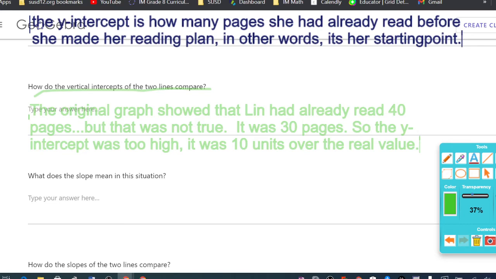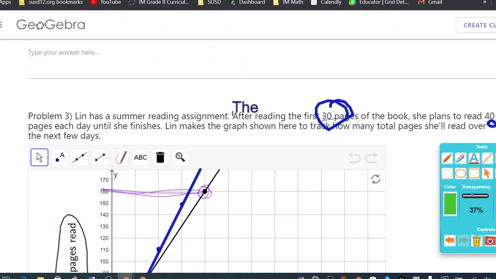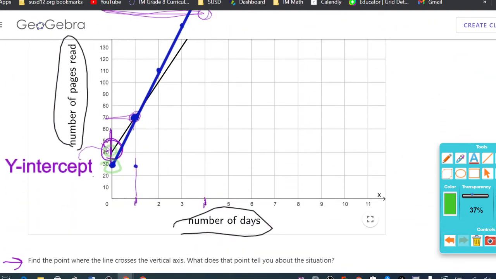Next question. What does the slope mean in this situation? Okay, look again. Well, the y-axis is the number of pages read, and the x-axis is number of days. Slope is change in y divided by change in x.